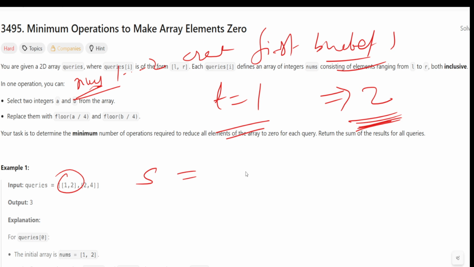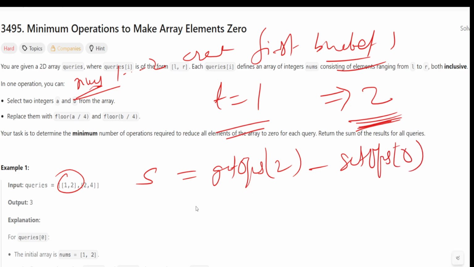And the s, if we're going to compute, we have to compute get ops at 2 minus get ops at 0. If we know that get ops at 2 will give you 2, it means get ops at 0 gives us 0, and that is why we are getting 2.